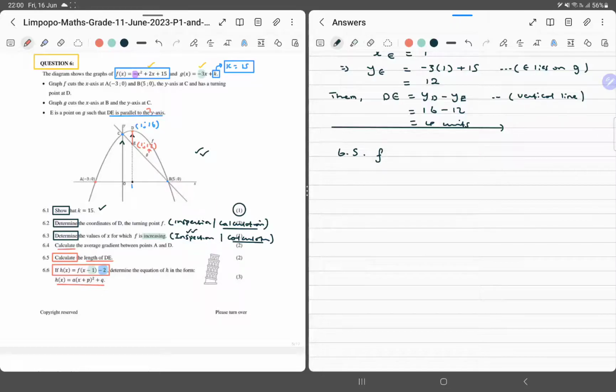Okay, let's see. We're going to say here h of x is equal to f of x minus 1 minus 2, which means now in that graph of f of x, we're going to say this is basically minus into a, I don't like what is happening here.